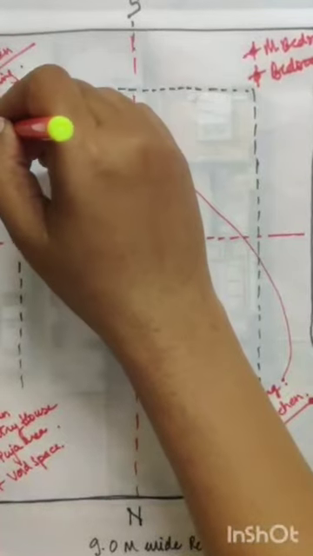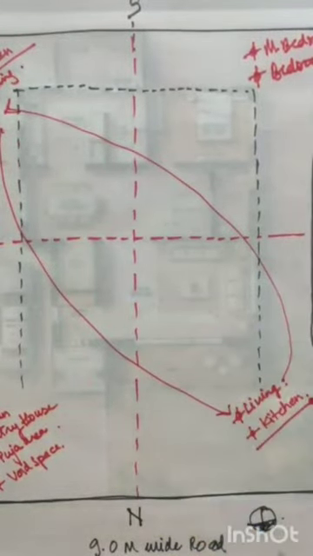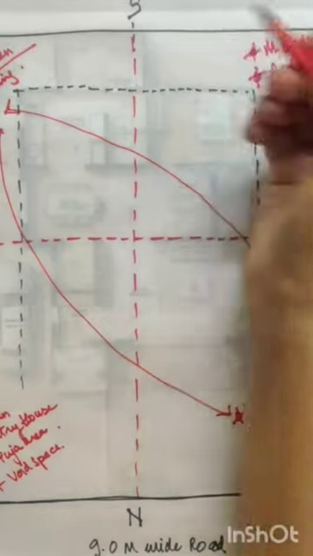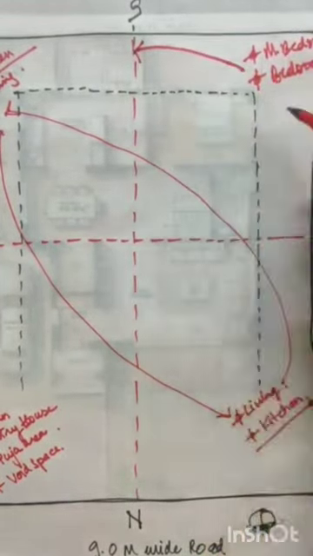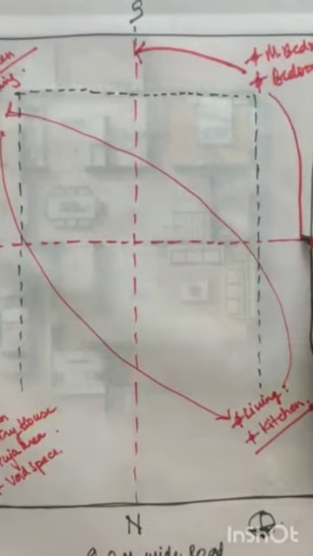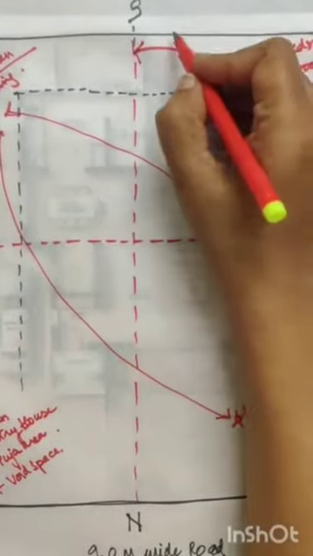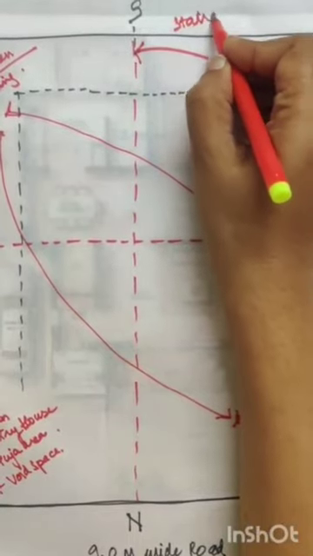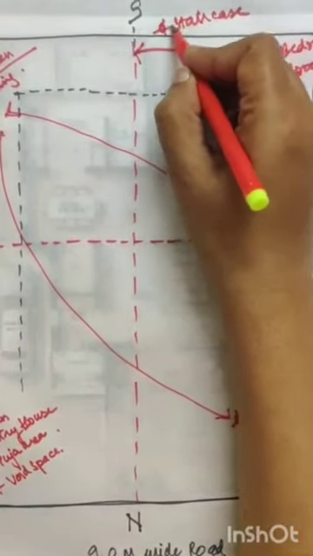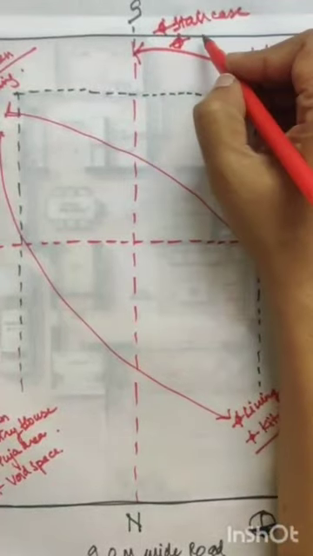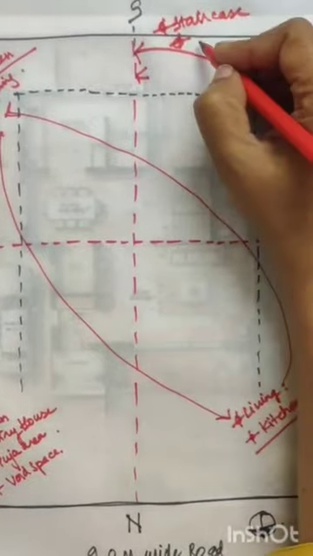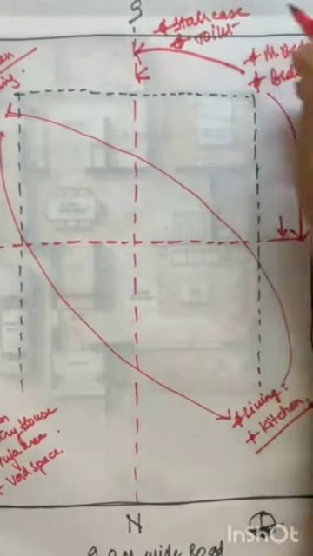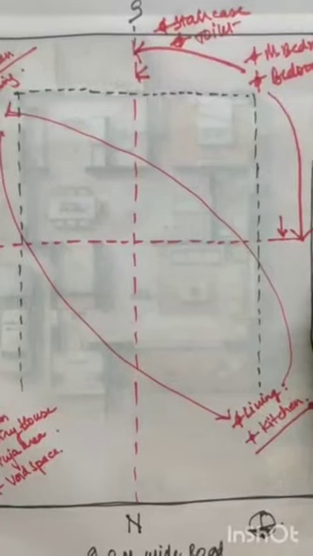About the staircase, it can happen from south to north, this range. Toilet can happen southwest. Okay.